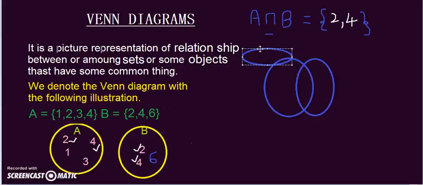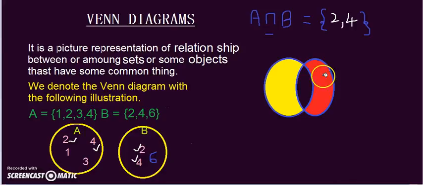If I want A intersection B, this is my A part and this is my B. In A we have the elements 1, 2, 3 and 4, and in B we have the elements 2, 4 and 6, and the intersection part is the middle one where the two circles join together.